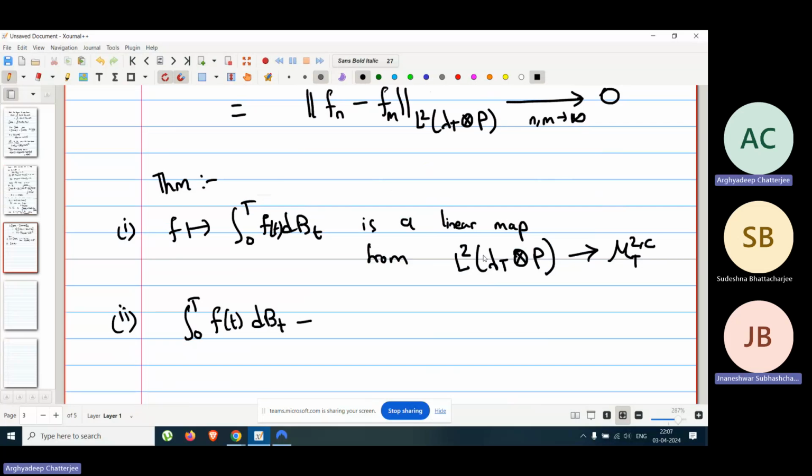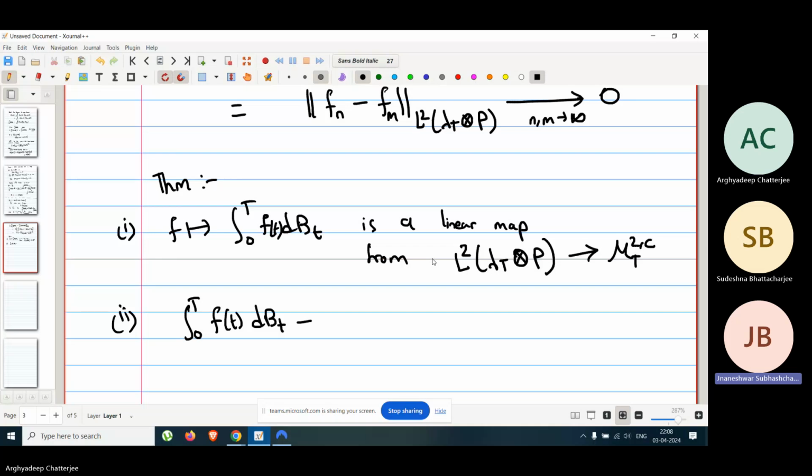We want ft to be measurable with respect to the sigma algebra of 0 to t, right? So most things will be progressively measurable.